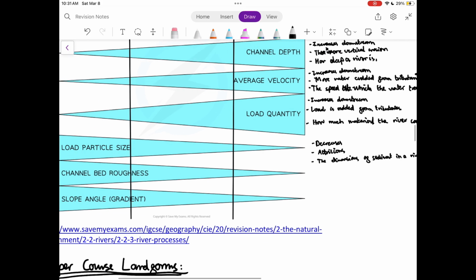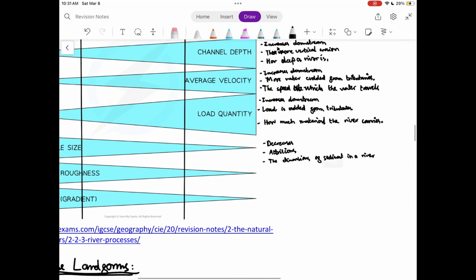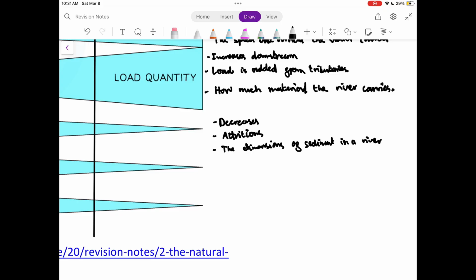And the next thing you need to know is channel bed roughness. So this decreases downstream. And this is because there is more net lateral erosion downstream than vertical erosion. So this causes the channel bed to smoothen out.